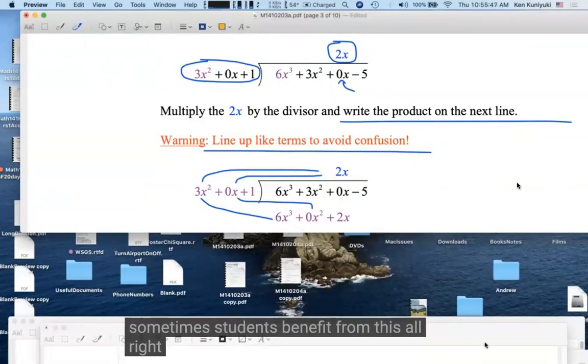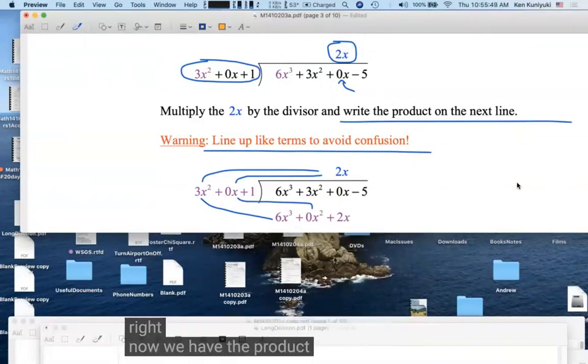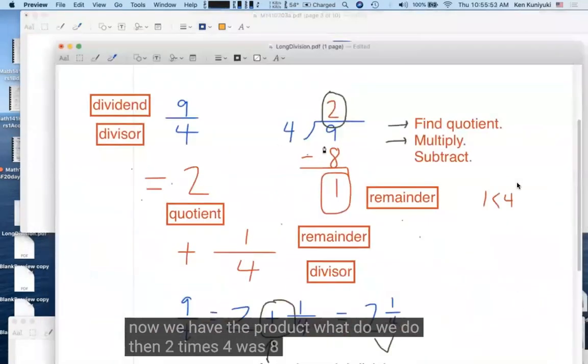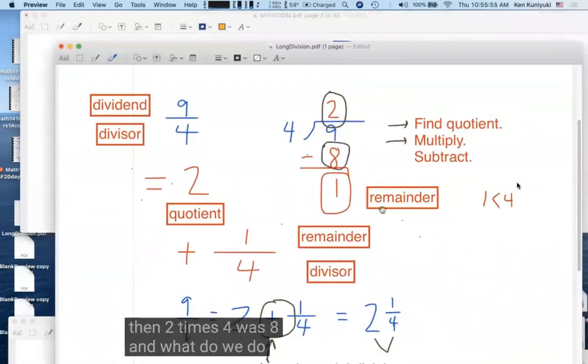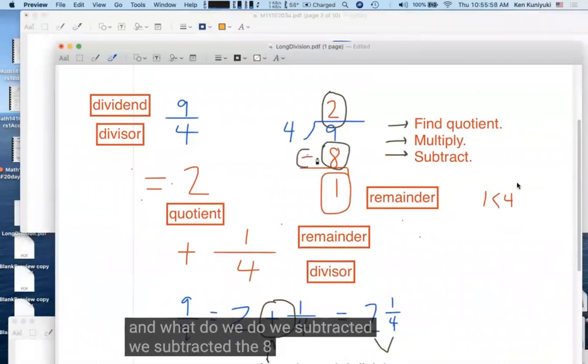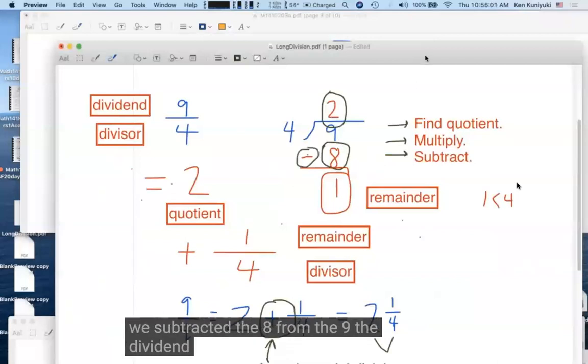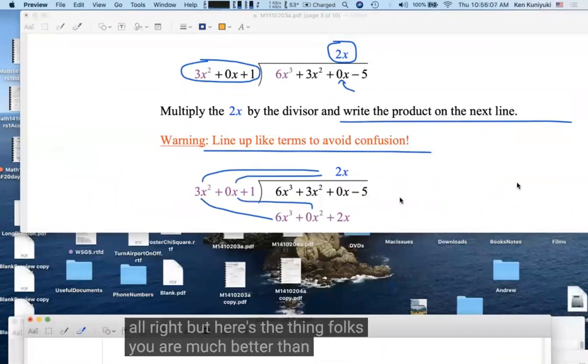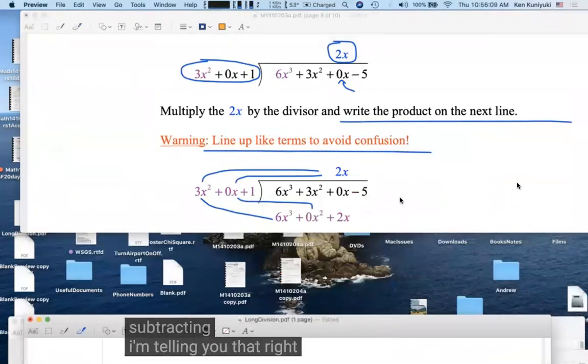All right. Now, we have the product. What do we do then? 2 times 4 was 8. And what did we do? We subtracted the 8 from the 9, the dividend. But here's the thing, folks. You are much better at adding than subtracting. I'm telling you that right now.